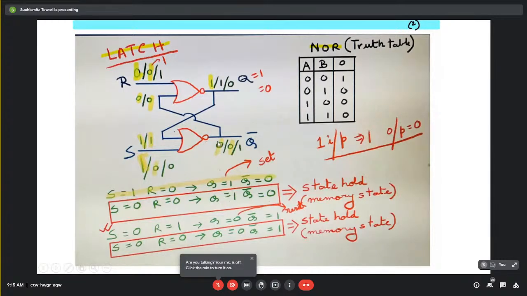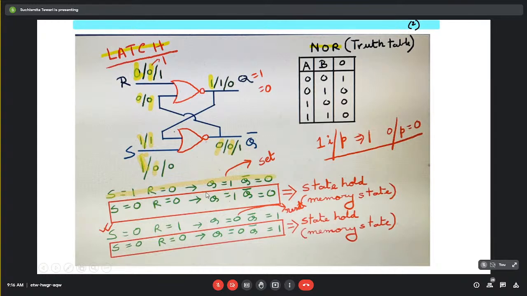Now this 0 is fed back to this point. That is, it is one of the inputs of this NOR gate. Now this is 0, this is already 0. So 0, 0, output will be 1. And this 1 is coming down here. So here we are getting 1, 1 that corresponds to 0.